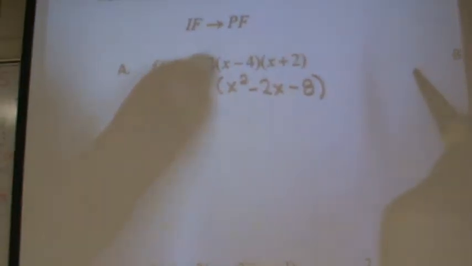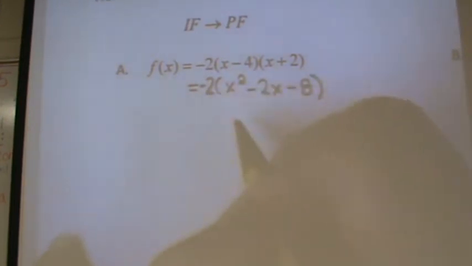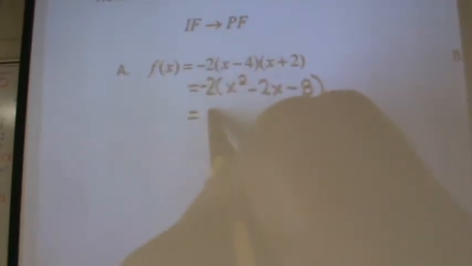What do you get when you FOIL x minus 4 times x plus 2? You should be able to do that in your head. You get x squared, and the middle two terms give you -2x, and then the outers are -8. Everyone cool with that? And now what do you do with that -2? You're going to distribute.